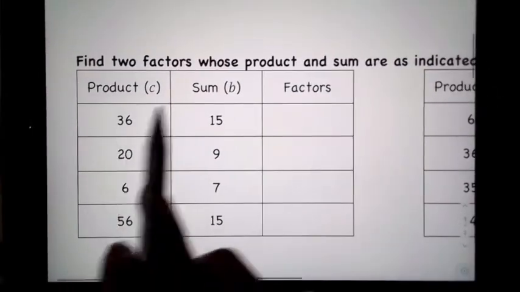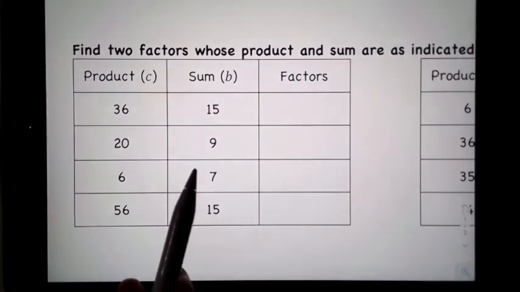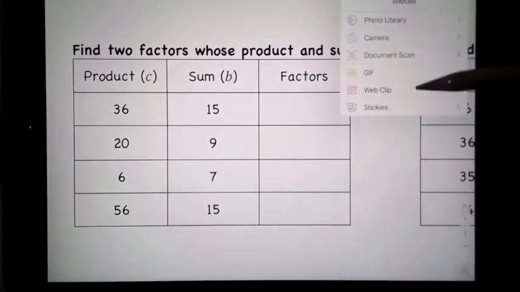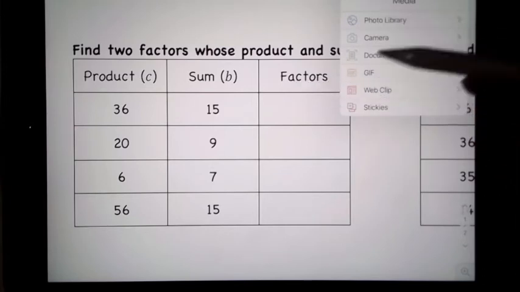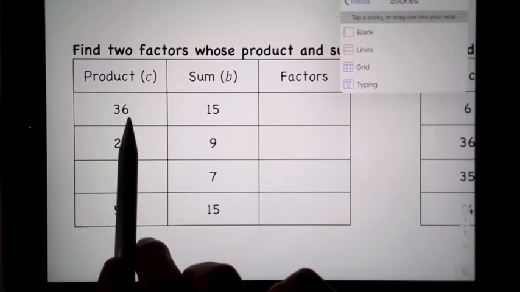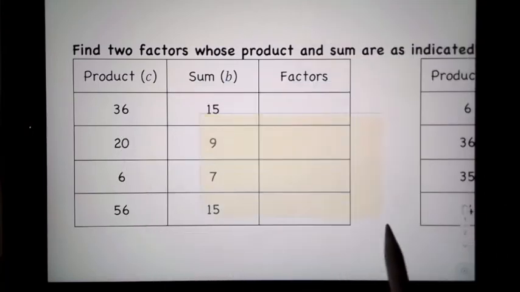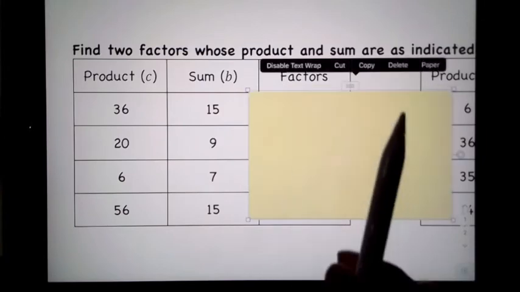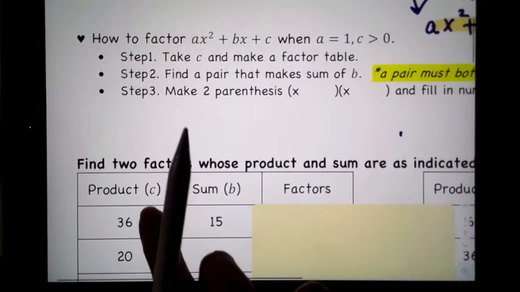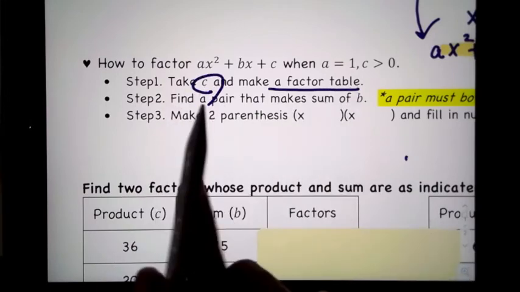So look. I want to find the two numbers first. I'm going to find two factors that satisfy these two conditions: product is 36, sum is 15. So first we make a factor table for c, right?